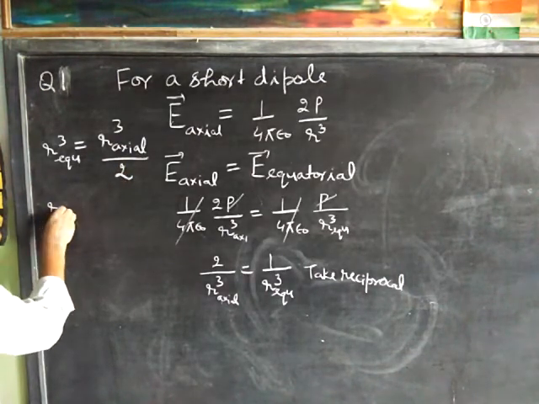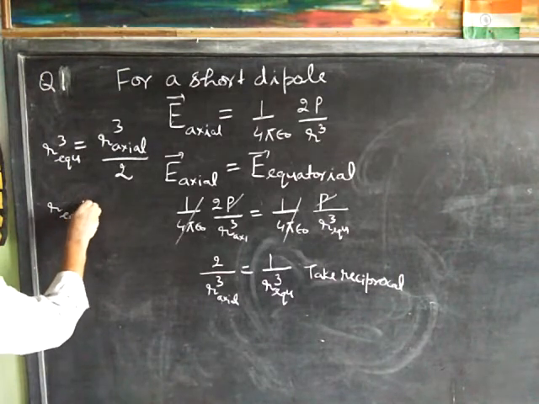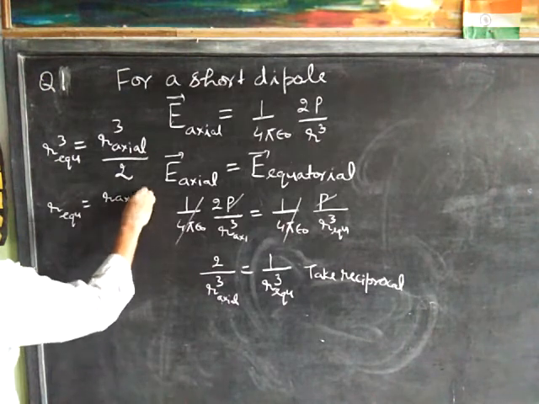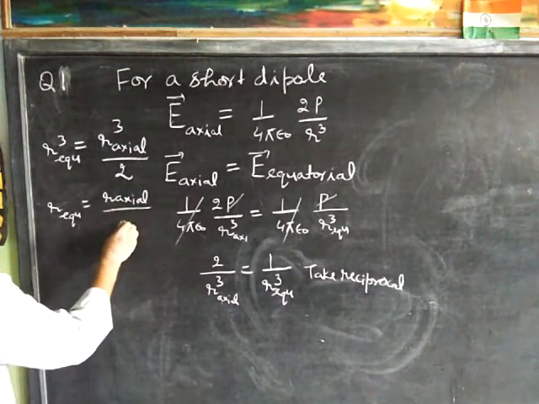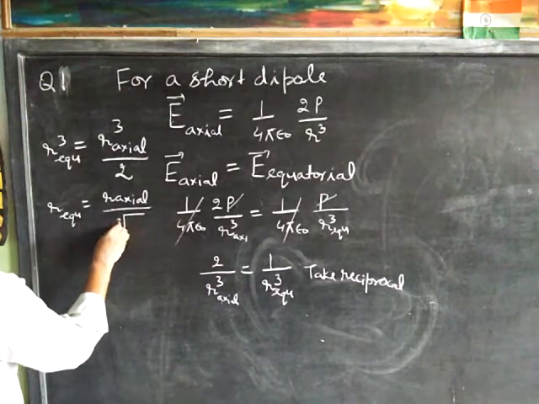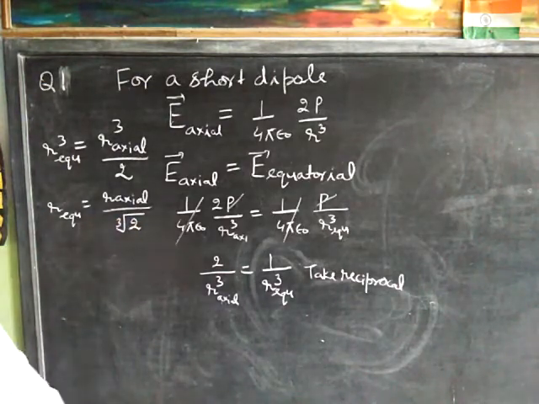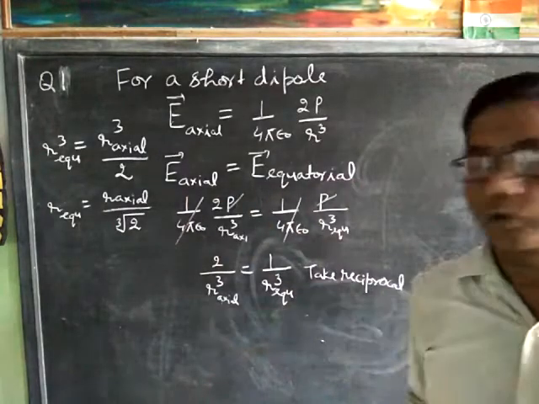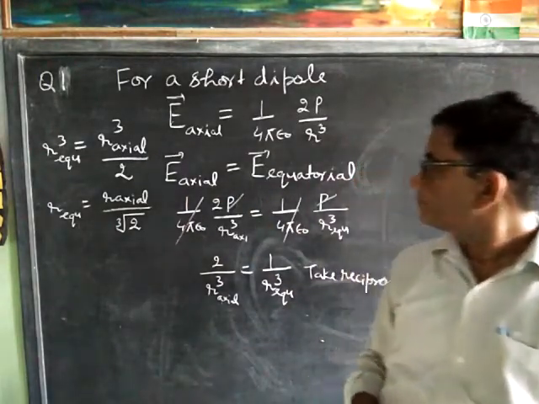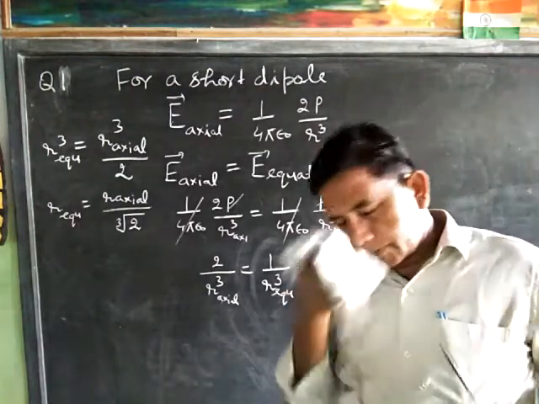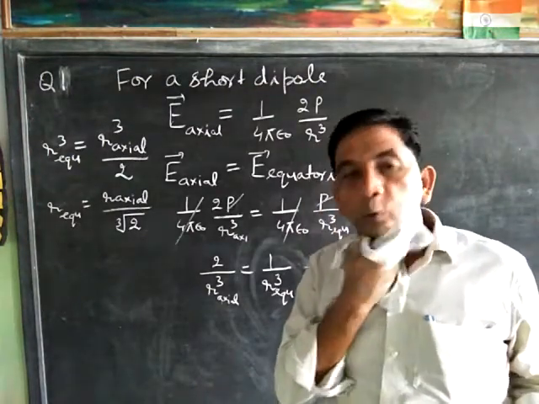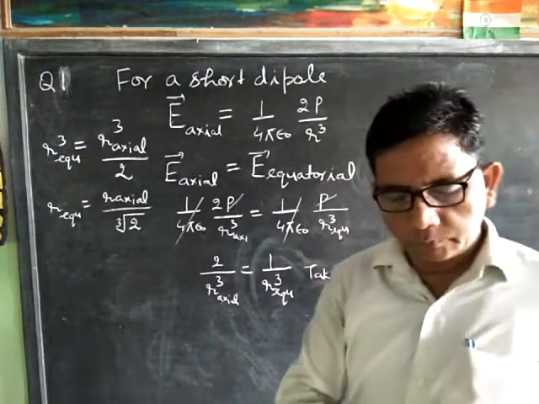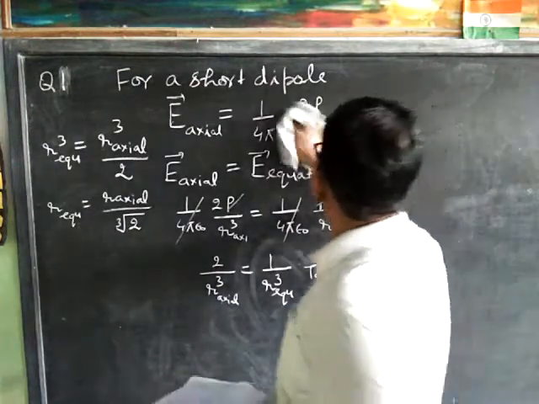We can also write r equatorial is equal to r axial upon cube root 2. Now we will discuss the next question.